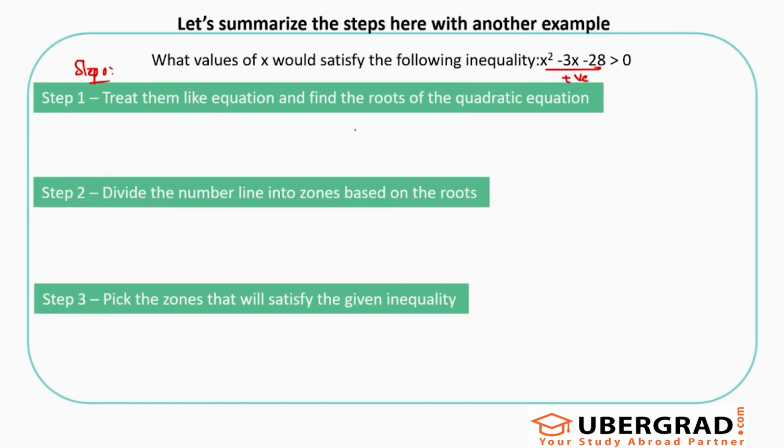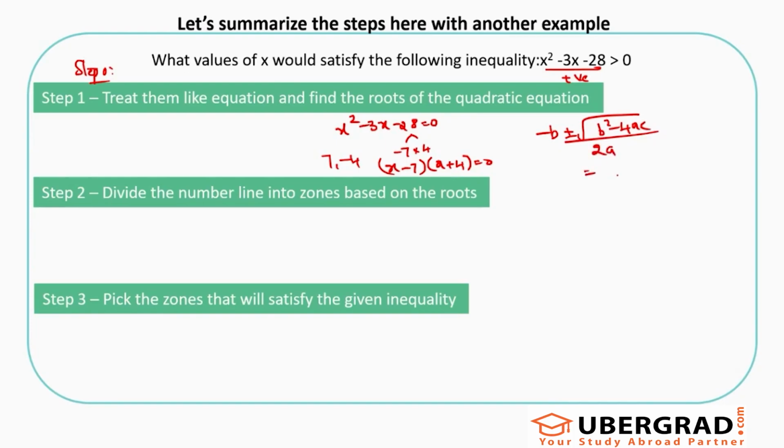First, treat it like a quadratic equation. x square minus 3x minus 28 equals 0. Let me find the roots. If you know, you'll understand this will be like minus 7 into 4, so I can factor it as x minus 7 into x plus 4. The roots are 7 and minus 4. Let's say you don't know this. It's okay. Still stick to the formula, minus b plus or minus square root of b square minus 4ac, by 2a.